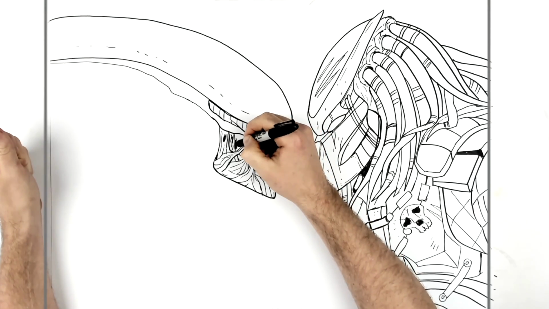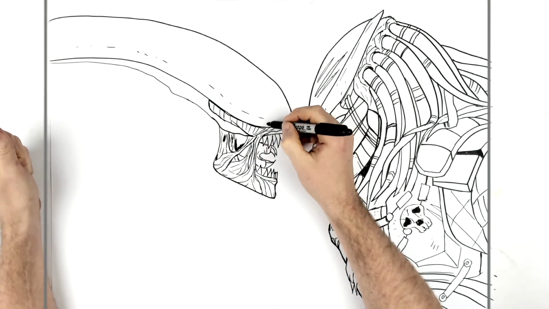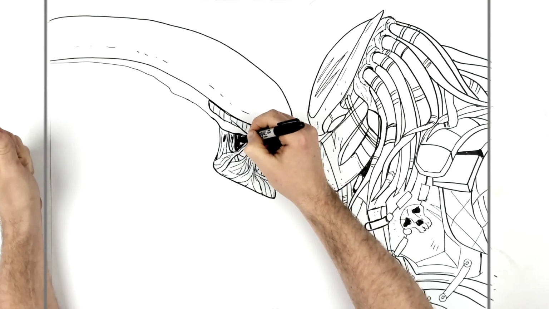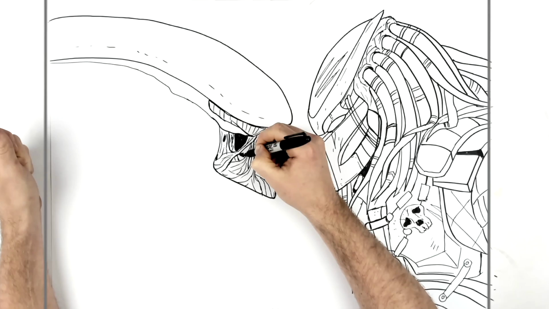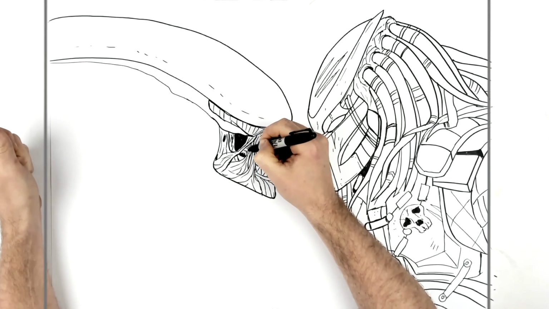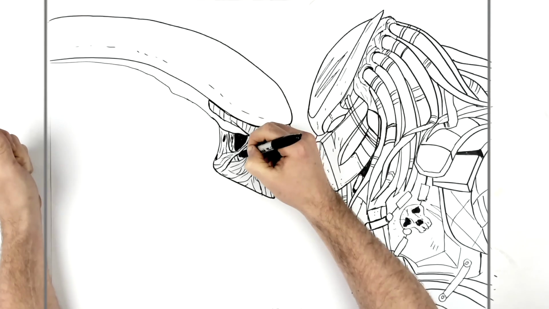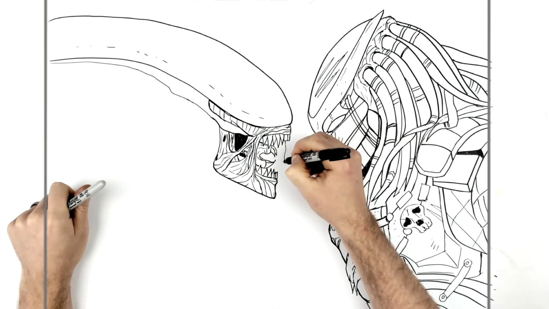And I'm just going to color this dark black shadow back here because we can't really see what's back here. Okay, roughly like that. And then like drool.